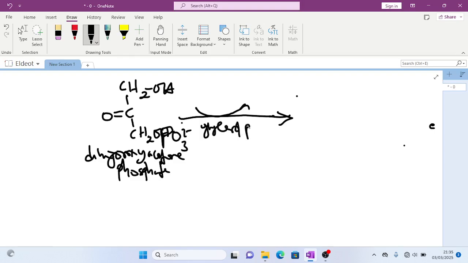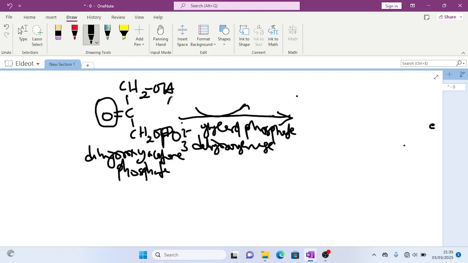Glycerol phosphate dehydrogenase is going to reduce this ketone group into an alcohol group.